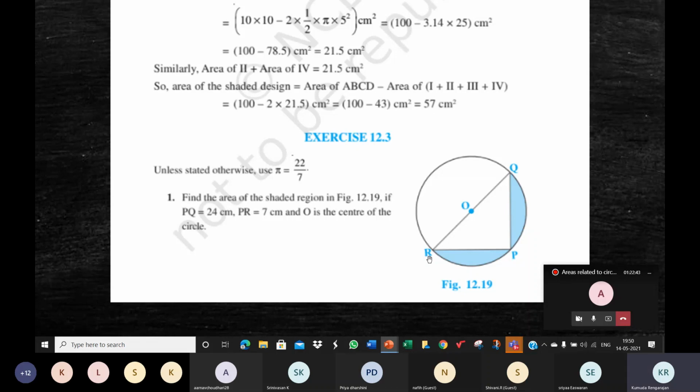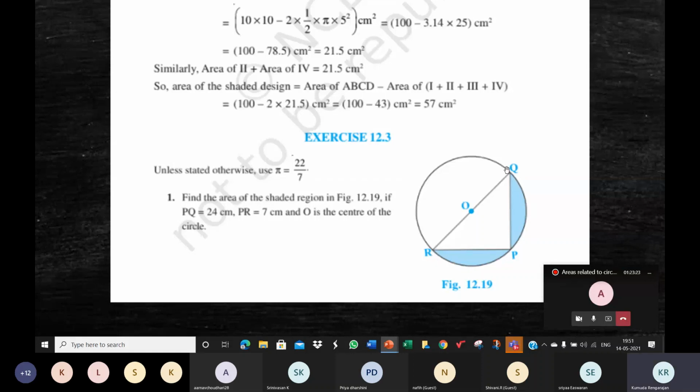The diameter RQ makes an angle on the circumference at P. See now we have the ends of the diameter Q and R. Join R to P and Q to P. Join the ends of the diameter to the point P. This portion is a semicircle. Strictly speaking, it's a semicircular region, because QR is a diameter.